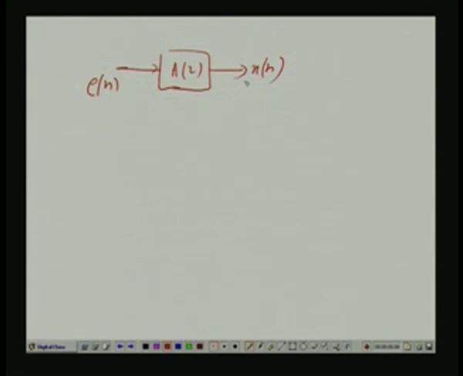We are considering either AR modeling or the linear prediction problem. In any case, we have this equation, say a pth order problem, plus En. If it is a linear prediction problem, En is orthogonal to the past p samples, that is xn minus 1, xn minus 2, up to xn minus p.